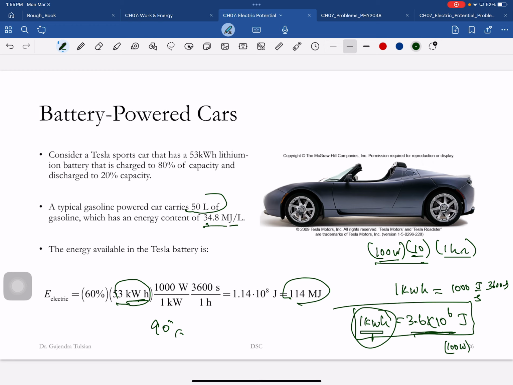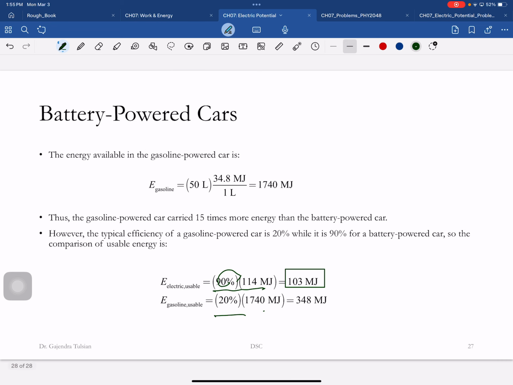When you burn 1 liter of gasoline, you get 35 megajoules of heat energy, but the gasoline car is only 20% efficient. So 20% of that is converted to motion, and you get this much motion. Those are rough calculations.